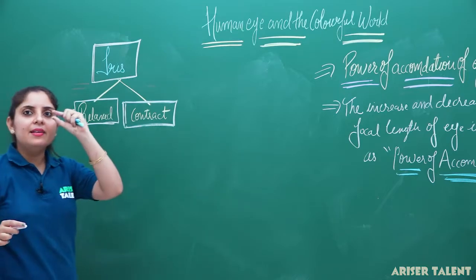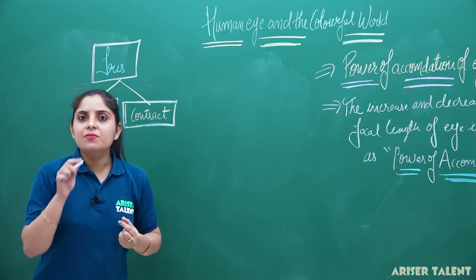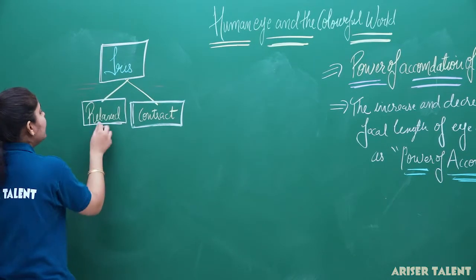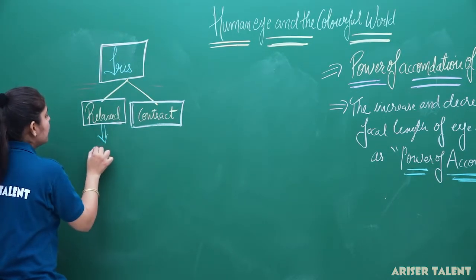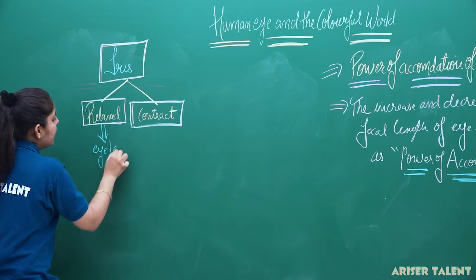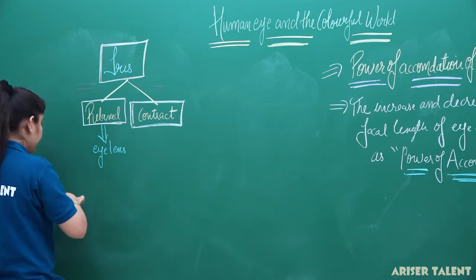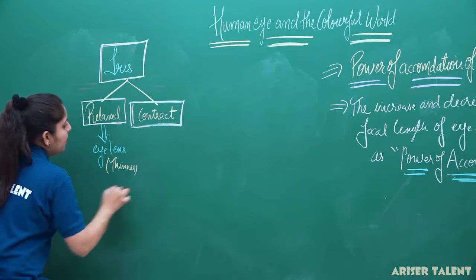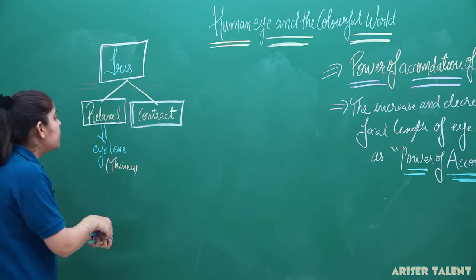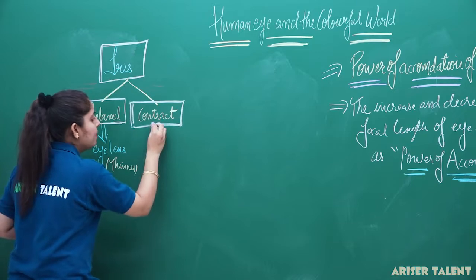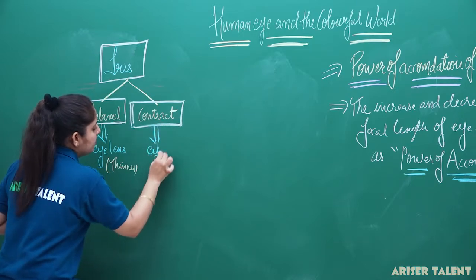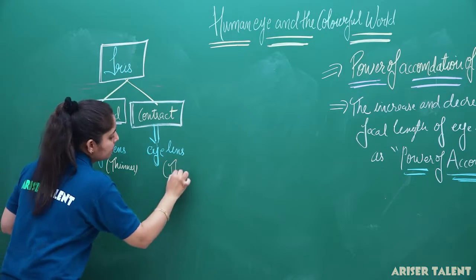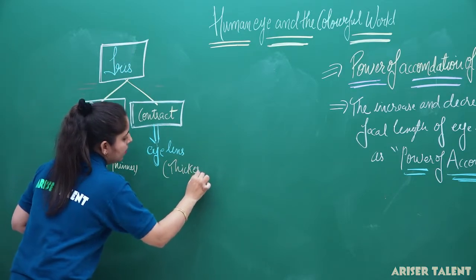When this iris gets relaxed, the eye lens is going to become thin. But when it contracts, the eye lens becomes thicker.